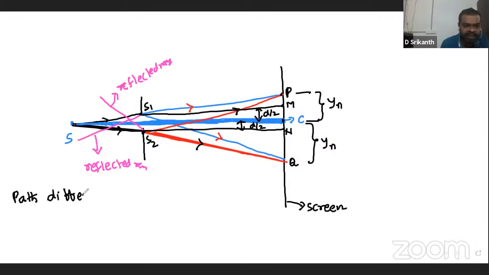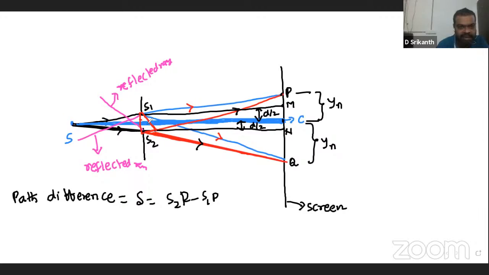So the path difference, which is indicated by delta, is S2P minus S1P. In order to find the path difference, I am drawing a perpendicular such that you can see this one.